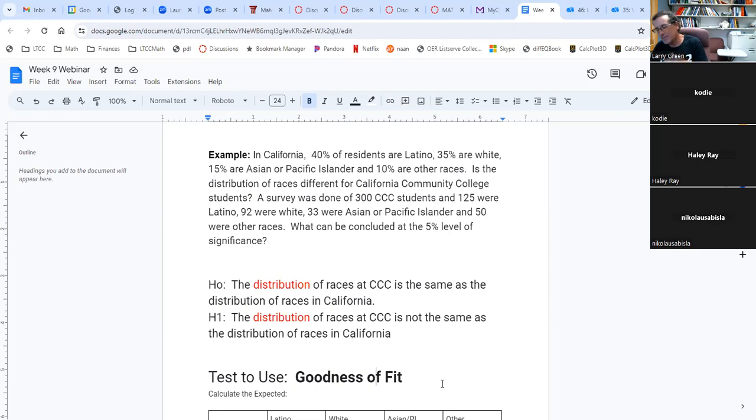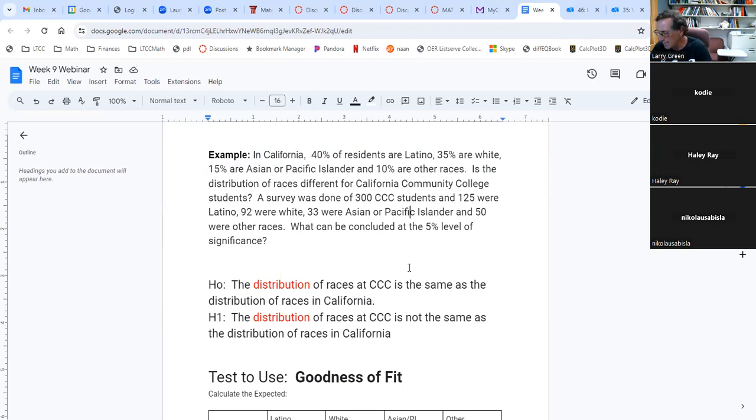Then you take a sample of a population that you don't know the distribution of, and you want to see if the unknown distribution is the same as the known distribution. Here we know the distribution of California because that's given, we know it. We don't know the distribution of community college students in California. So that's why we use goodness of fit. Any questions on that?